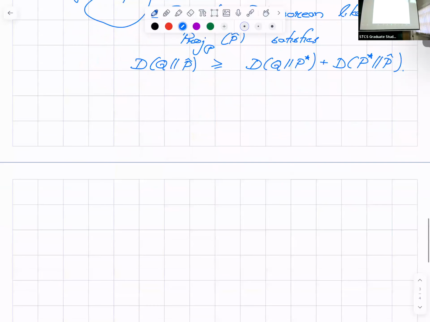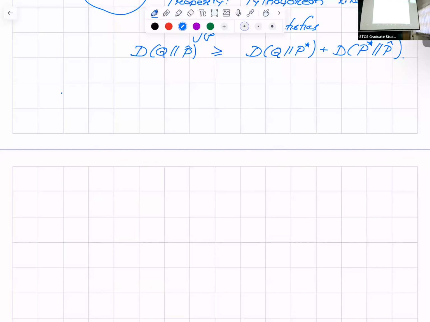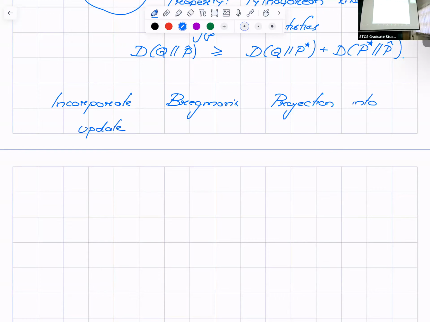So I'm going to just rewrite. We're going to incorporate Bregman's projection into the update rule. So what will that be?